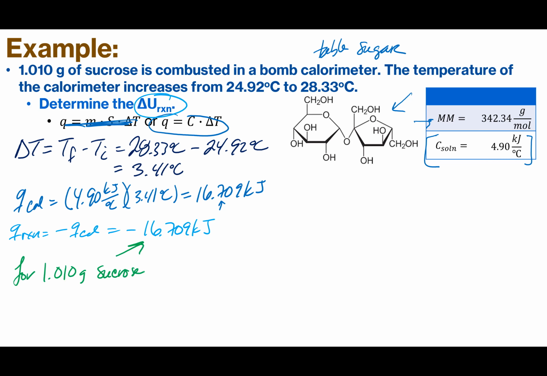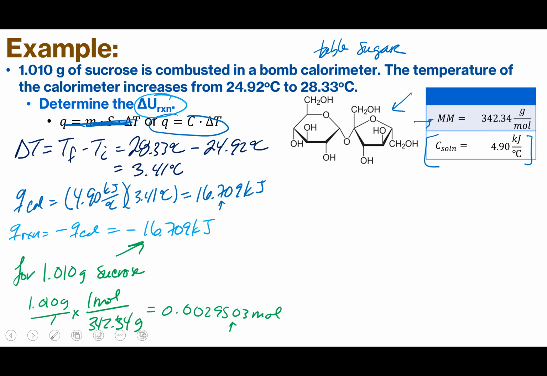So let's convert our grams into moles. 1.010 grams, and 1 mole of that, this is why we were given molar mass, is 342.34 grams. This is 0.0029503 moles with 4 significant figures.